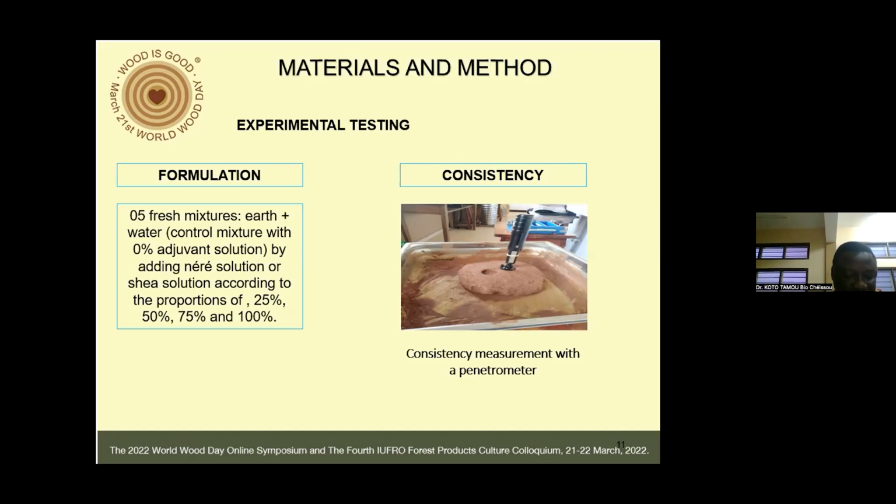The reference consistency of a mixture is that of a mixture used in the practice of traditional construction in some regions of Benin, obtained with a pocket penetrometer as shown in this picture on the right.